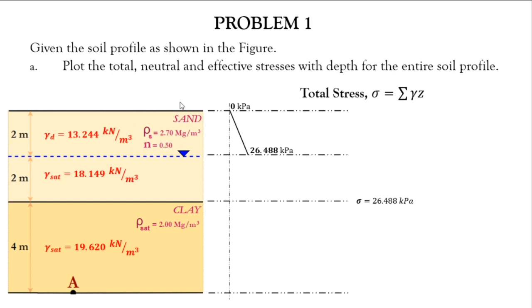That is the summation of the stresses above. To get the stress at the interface between the sand and the clay layer, you just add the stress due to this layer. So we have 18.149 times 2. Add it to 26.488, so that the total stress at this point is 62.786.